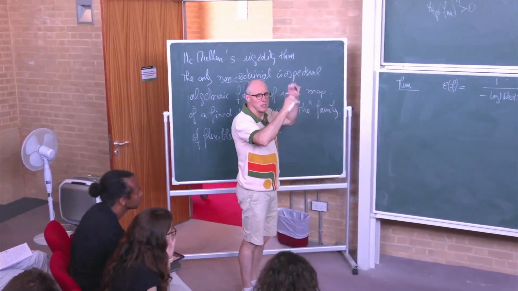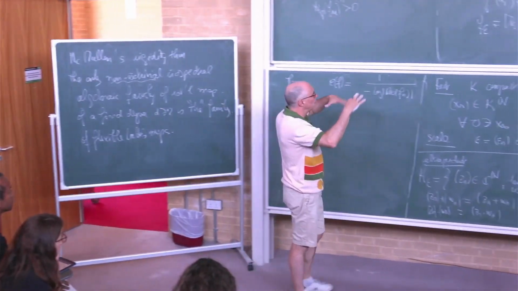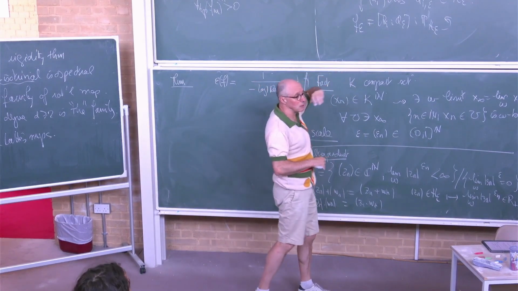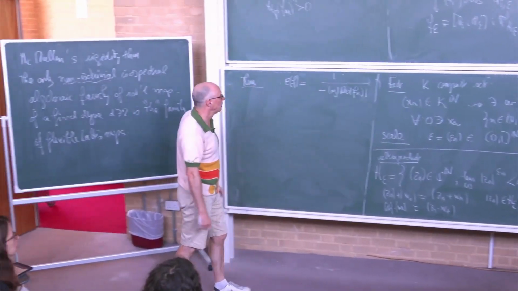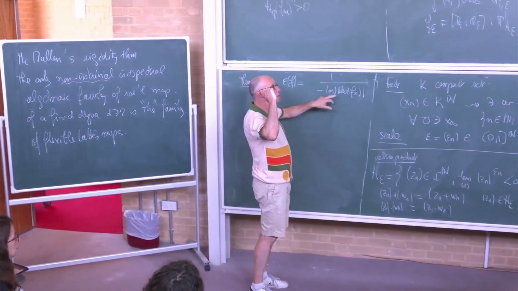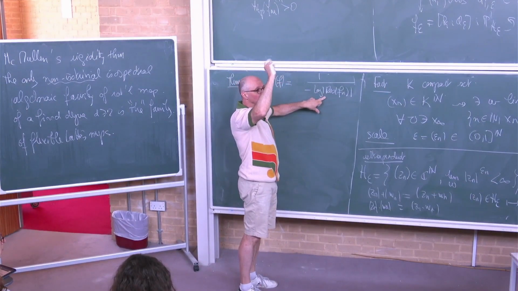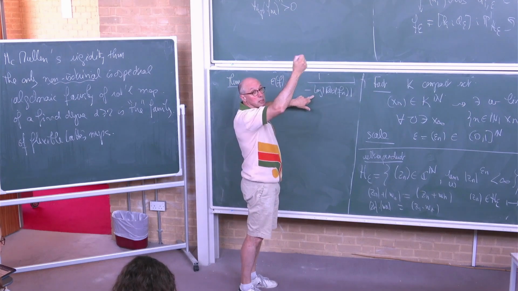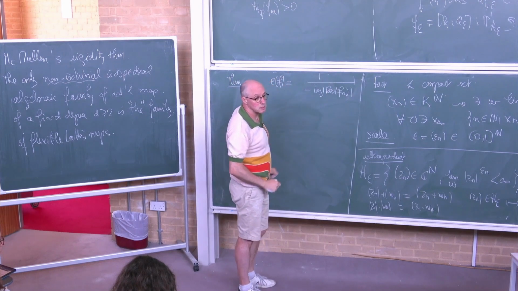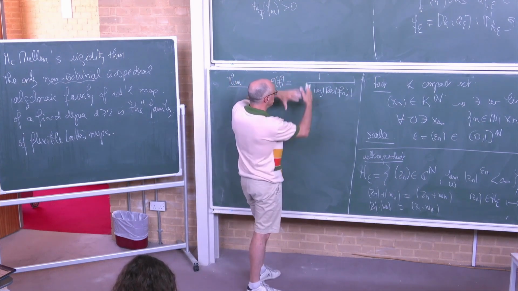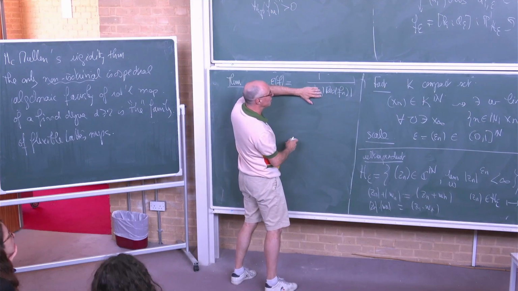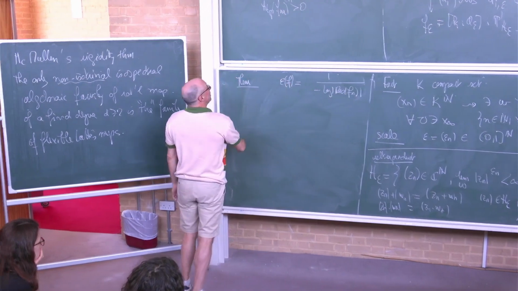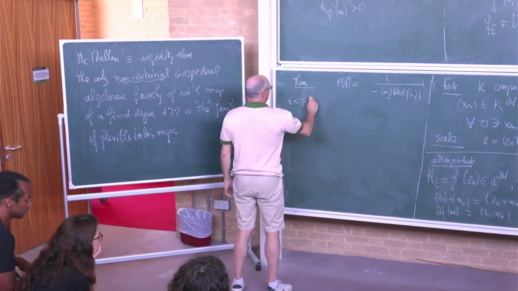Remember, I defined the resultant. It's not well defined on Rat_d, but if you normalize the coefficients and take the resultant, then this is well defined. And the resultant goes to 0 if your map is going to infinity in Rat_d. So if you're degenerating in Rat_d, this tends to 0. Okay, fine. I'm going to conclude here.